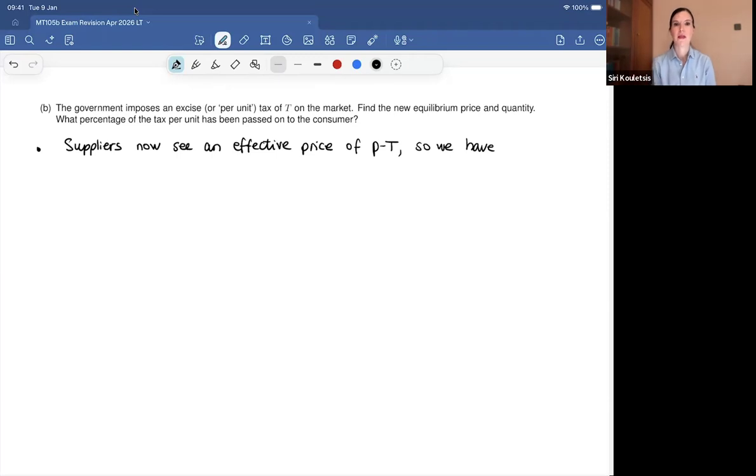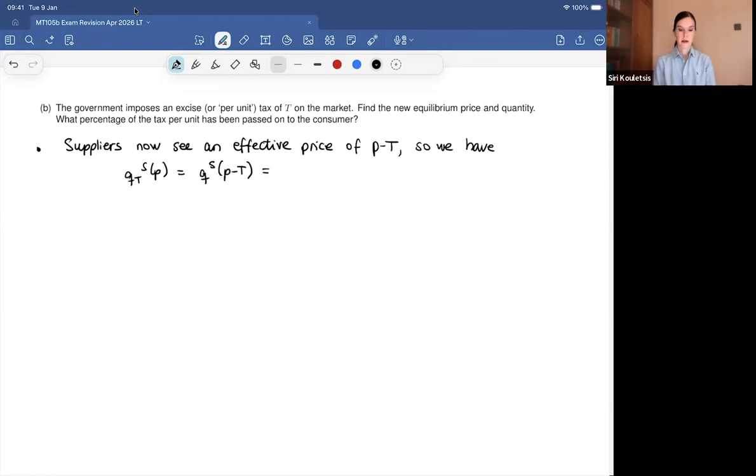Of course, you could now just write down the new supply equation directly. So let me call that Q_T^S of P. Well, that is Qs, where the argument now is P minus T instead of P.